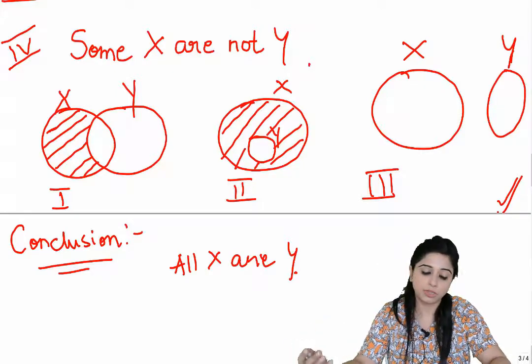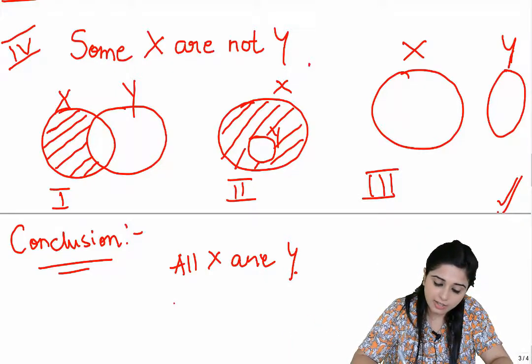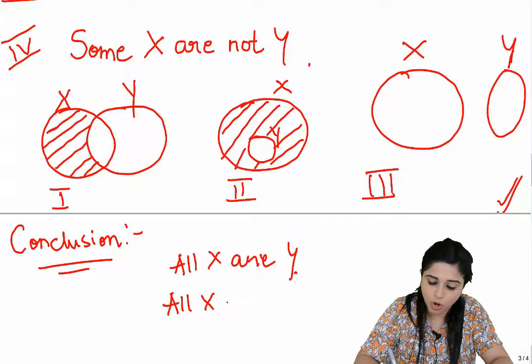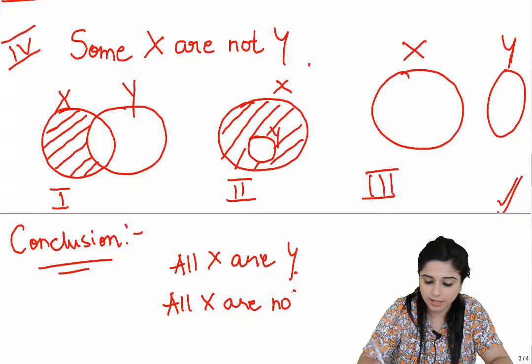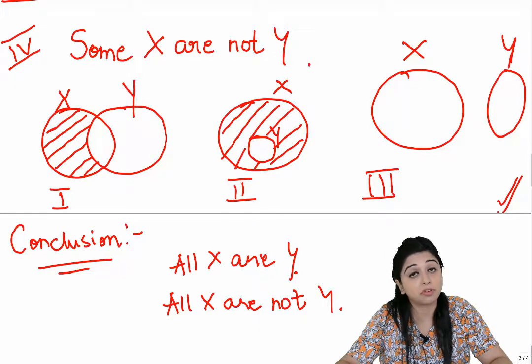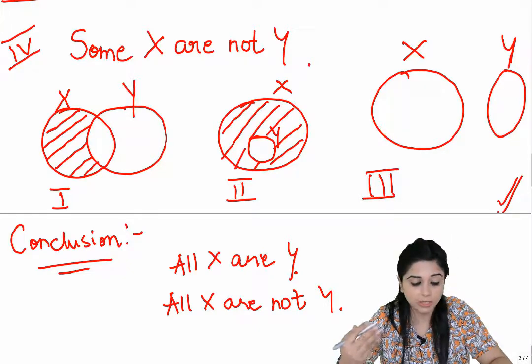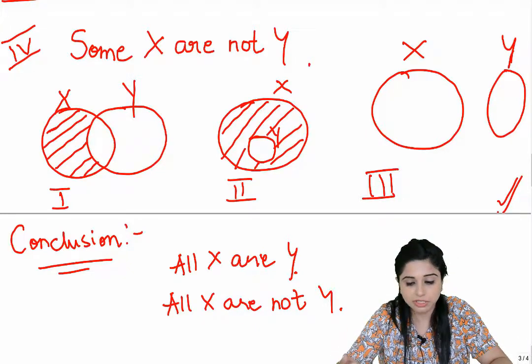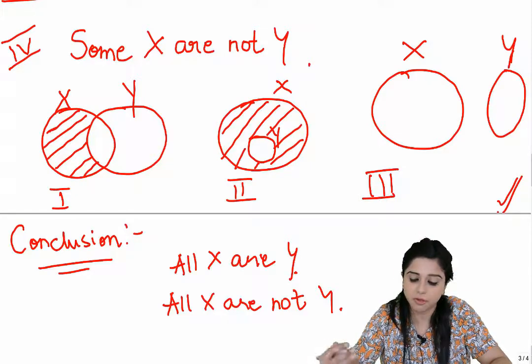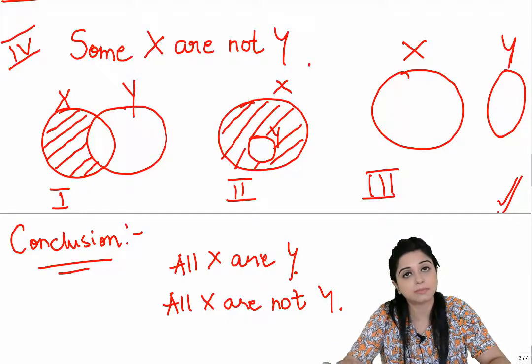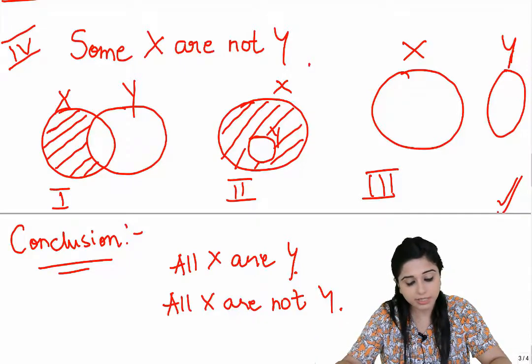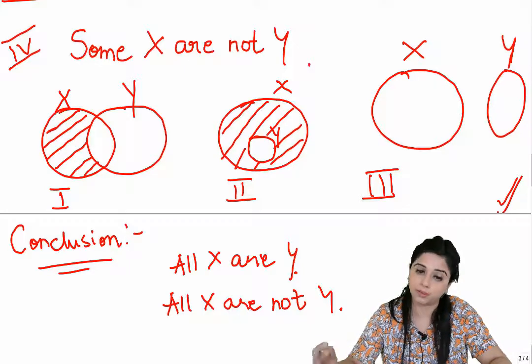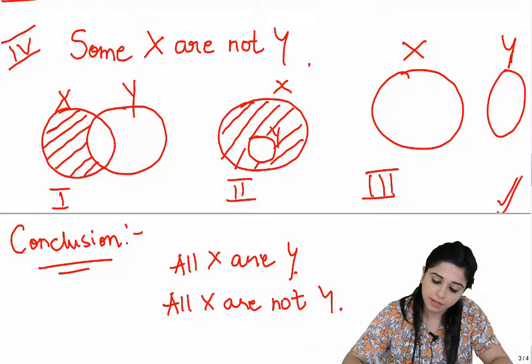Third, most definitely not. Can we say all x are not y is a possible solution for this statement? All x are not y, certainly not for the first one, not for the second one, third one, yes, but then for a conclusion to be perfectly possible, perfectly be called as a conclusion, it has to be true for all 3 representations.